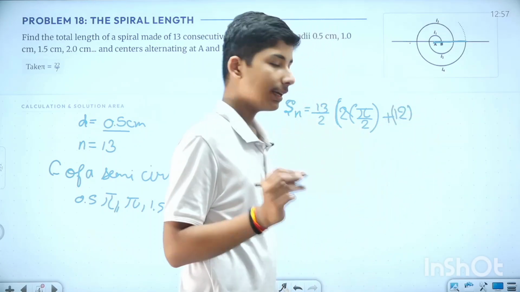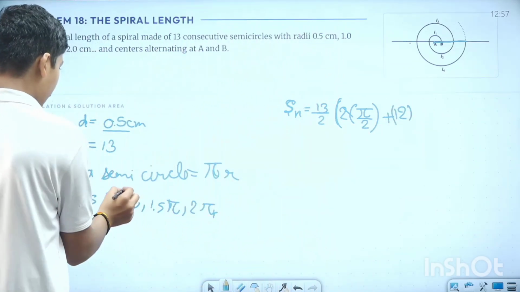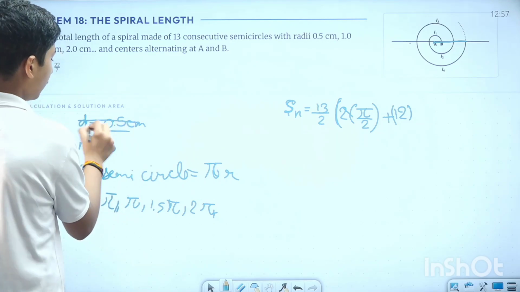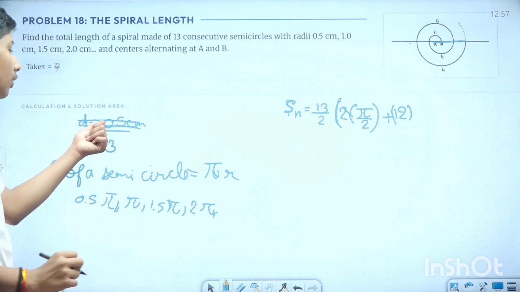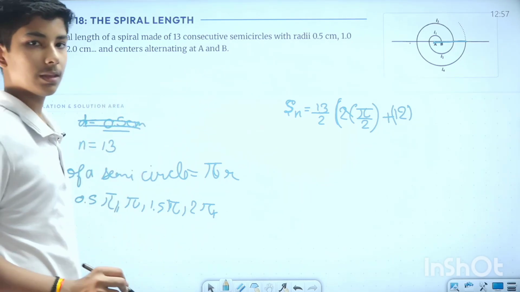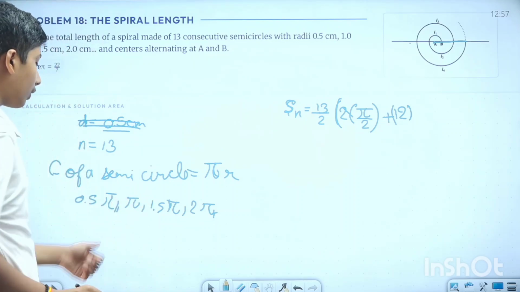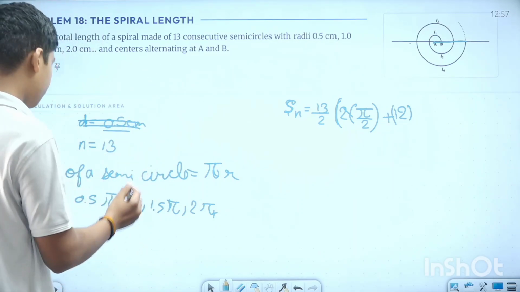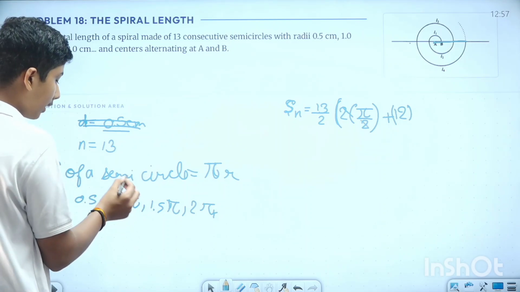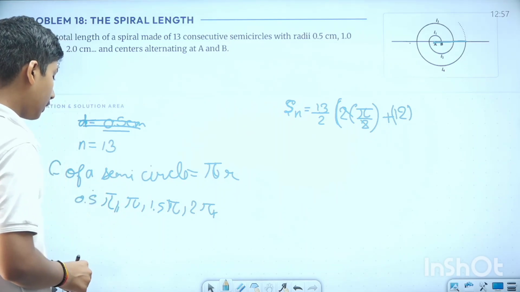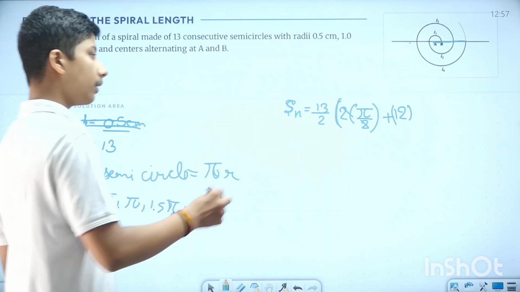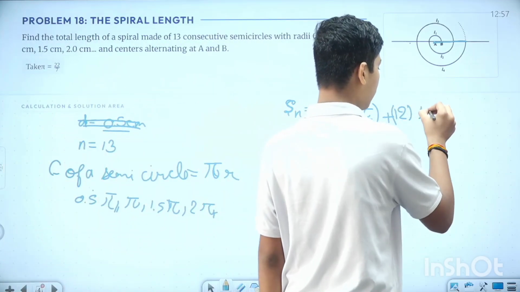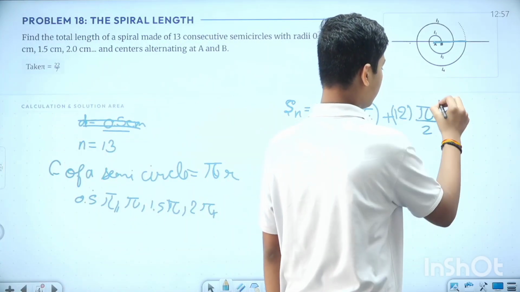Into D. D is, find out here. We won't consider this one because this is the difference in radii. But we have to find out the difference in the AP, or you can say the circumferences. So difference will be pi minus 0.5 pi. Pi minus 0.5 pi is pi by 2.